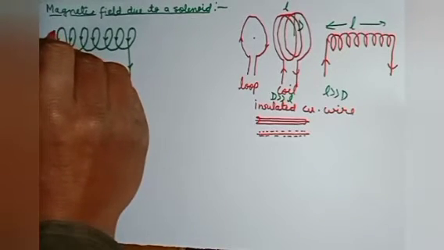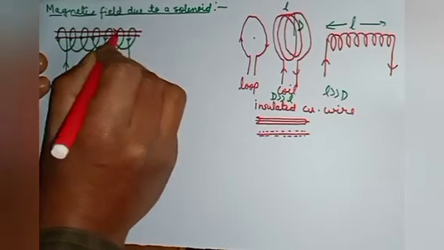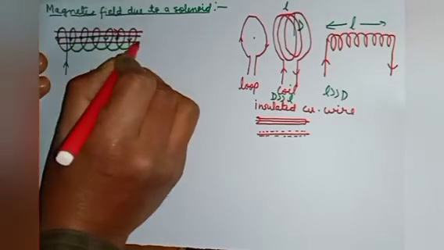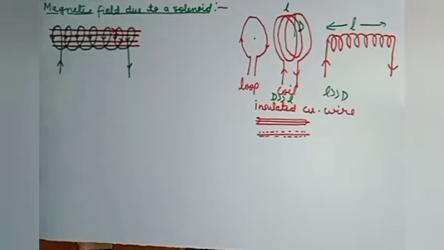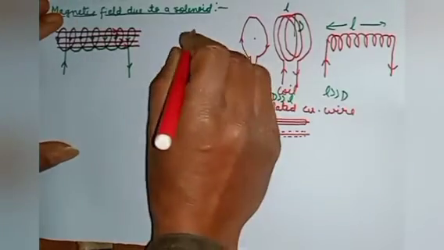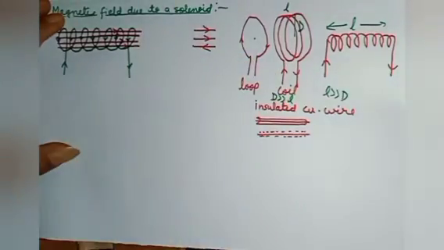Inside the solenoid there is a uniform magnetic field. Now what is a uniform magnetic field? Remember, a uniform magnetic field has a particular direction, in which the magnetic field lines are parallel to each other and equidistant. This is not a uniform magnetic field.